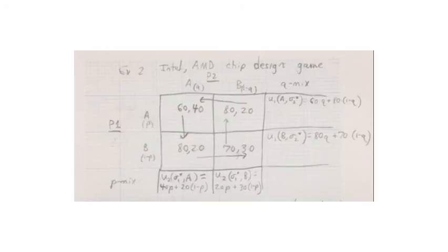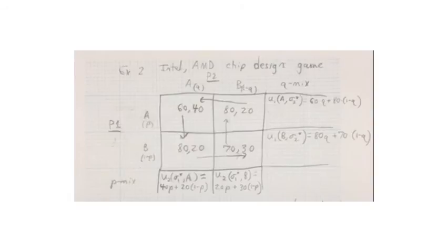And in this case, the P mix row is going to calculate the payoff to player 2 should player 2 choose strategy A, and player 1 follow the mixed strategy where they're choosing A with probability P, B with probability 1 minus P. So that payoff to player 2 is going to be, well, with probability P, they're going to guess right in choosing A. They're going to get a payoff of 40.